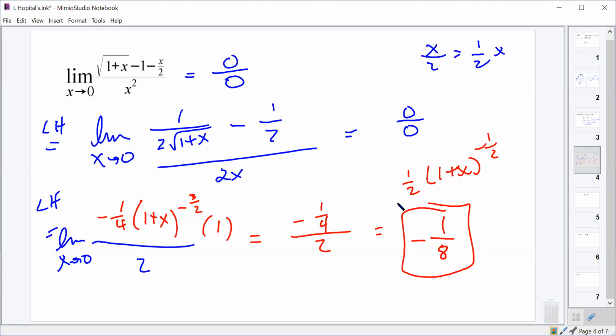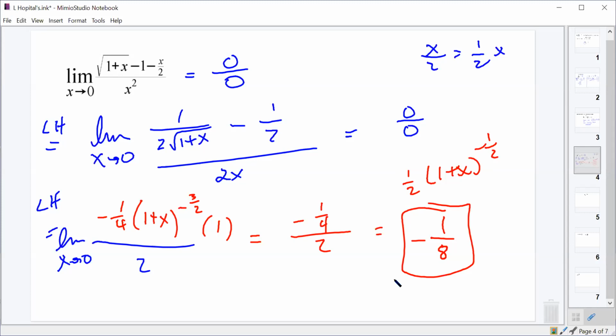Is the 1 in the first part of the derivative from the derivative of 1 plus x? Correct. Any other questions on that? So when you found the derivative of the numerator, you found the derivative of 1/2 square root 1 plus x?